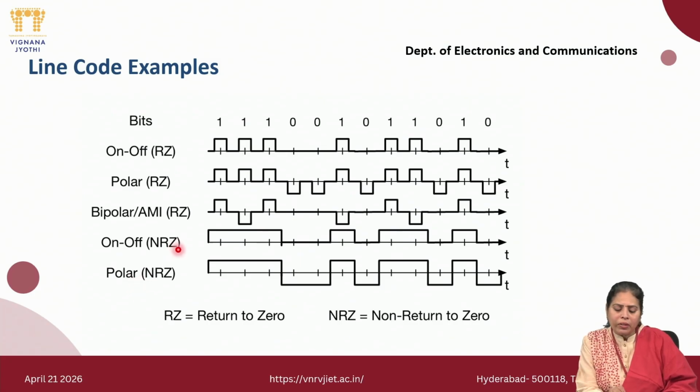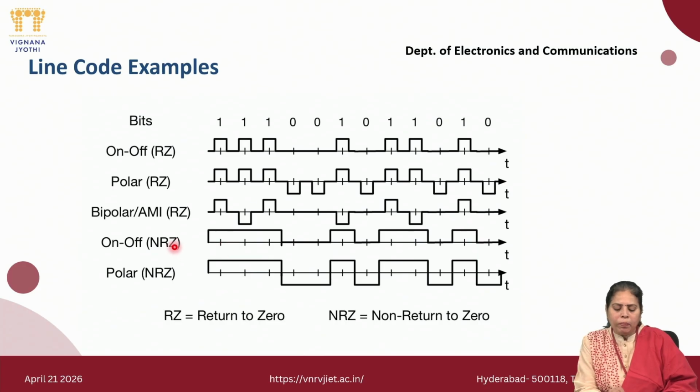As opposed to return to zero, in non-return to zero the pulse value is maintained at the high position for the entire duration of the pulse. So it will not return to 0 during its pulse duration. So whenever you are transmitting 1 1 1, the line is held at a high value, and because it is on-off or unipolar, for 0 we transmit 0 volts on the line.